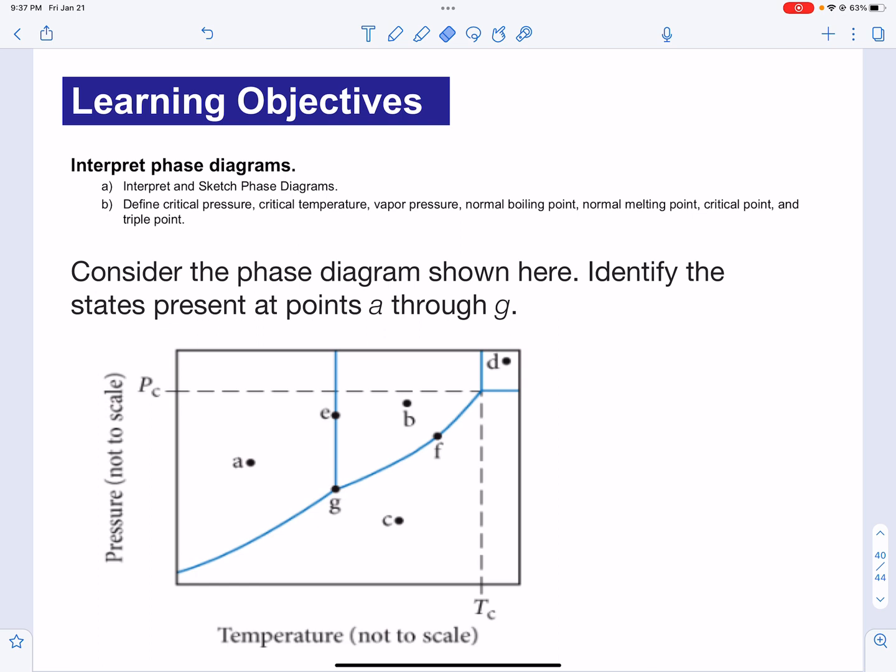So at 1 atmosphere of pressure, water will boil at 100 degrees Celsius. But if the pressure was like 100 atmospheres, when I put a lot of pressure on those molecules, they're going to be closer together, the intermolecular forces are going to be stronger, and it's going to take a lot more energy, a lot more than 100 degrees Celsius, to get them to move. That's why we use a normal boiling point, to indicate that that's only true at 1 atmosphere.